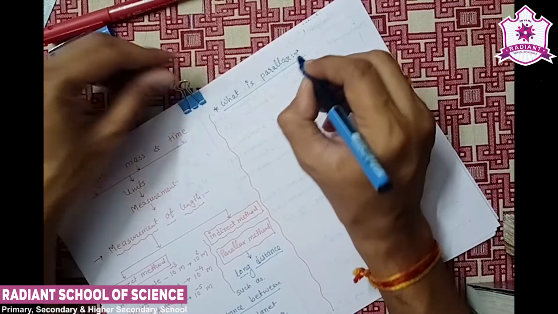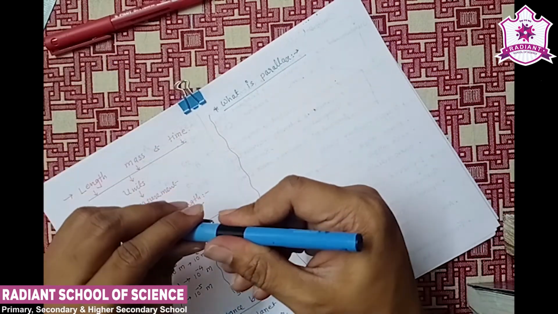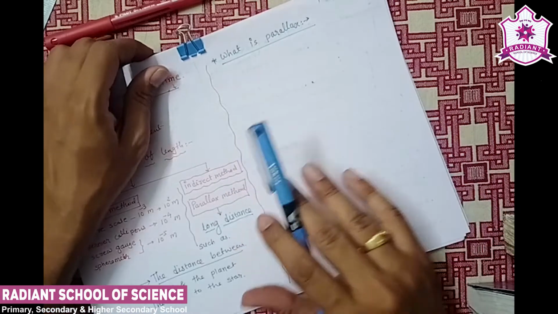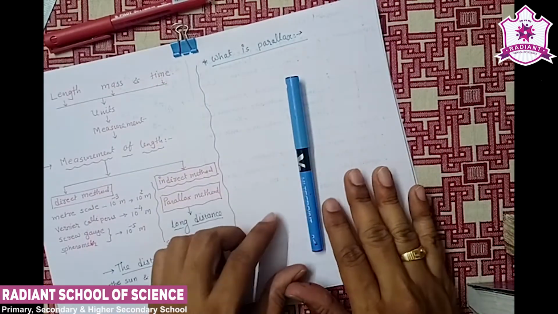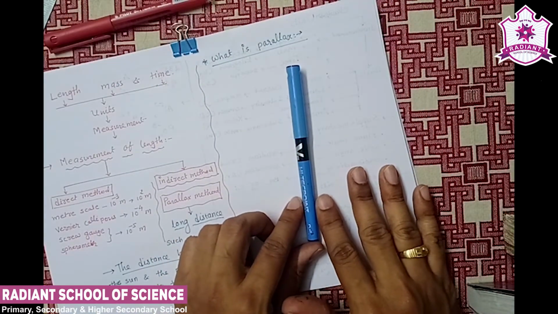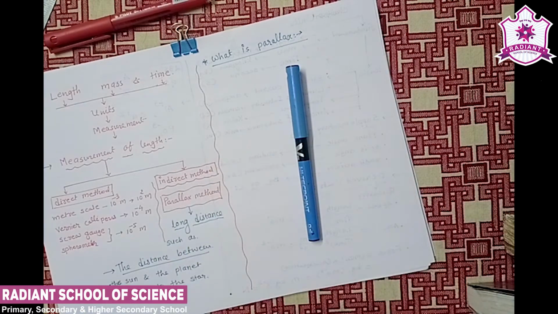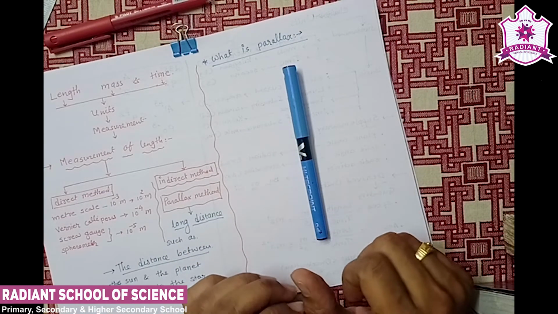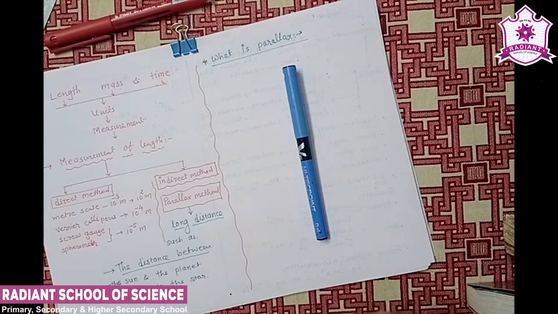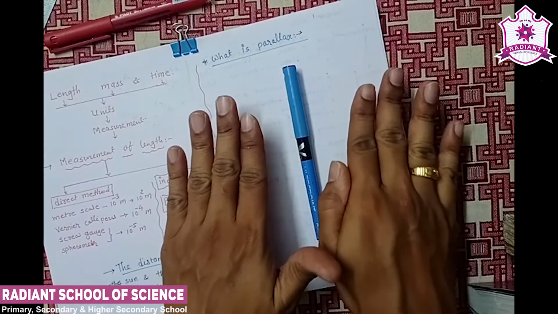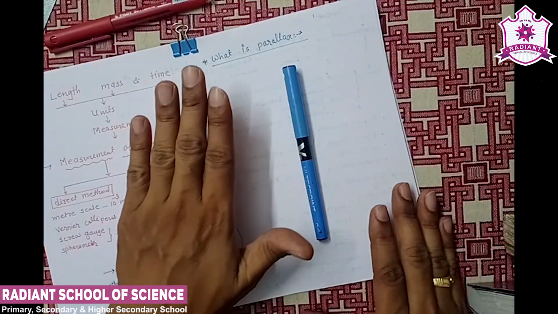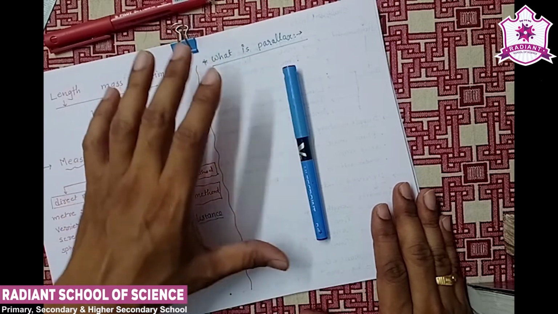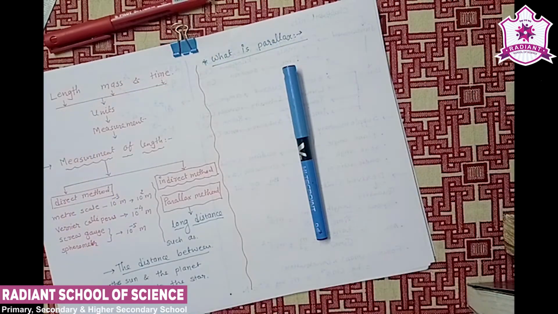So let us do one simple experiment that you have to perform. See, I have kept this pen over here. Now suppose this page is the point of reference on which the pen is kept.